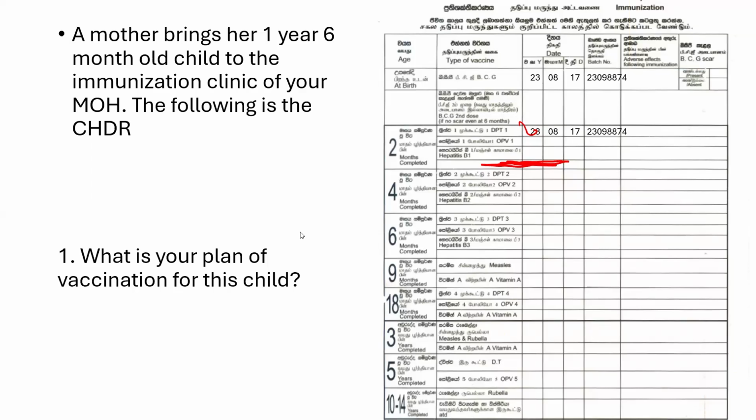So for 18 months, where would you start? I have to start from the OPV. Sorry? OPV. Only the OPV? So just imagine all these vaccines are given.